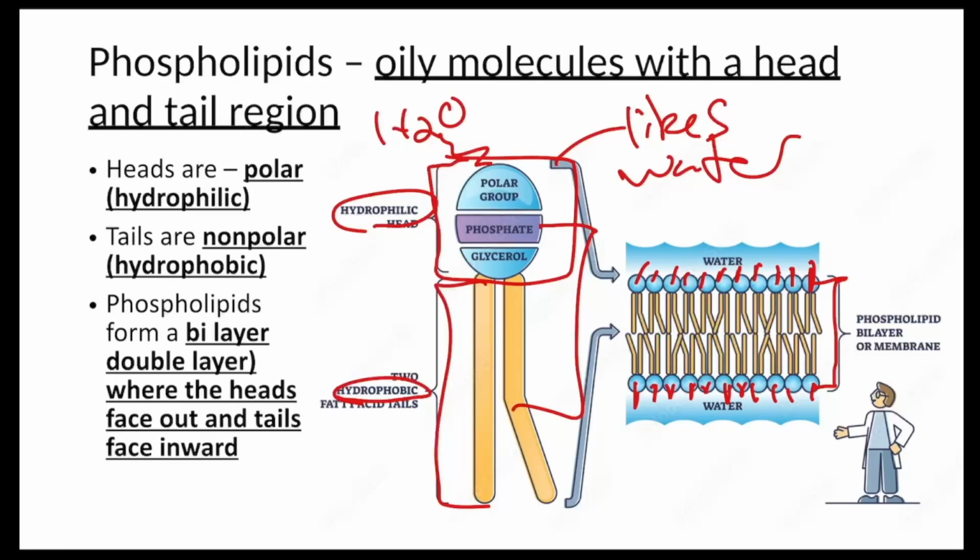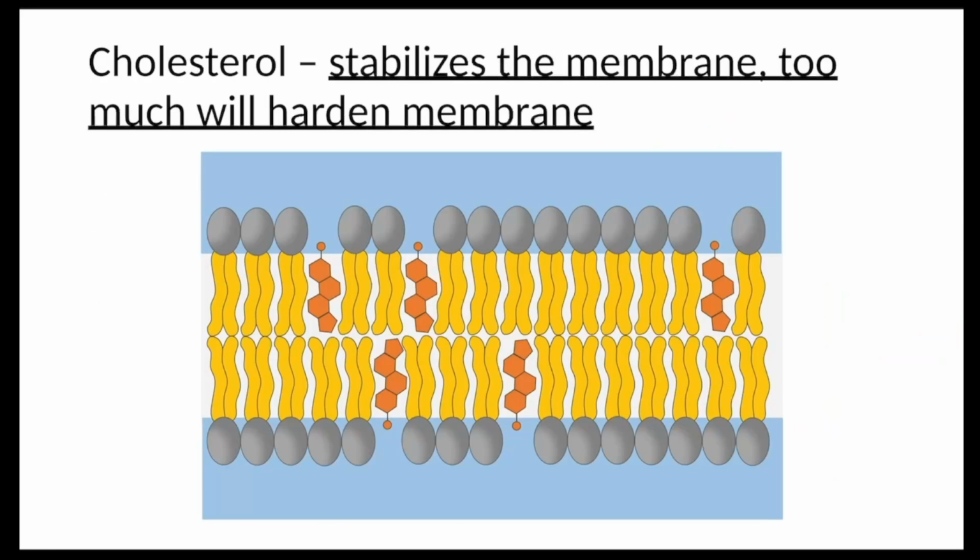So you get all these tails that are hydrophobic with all these heads that are hydrophilic, forming what's called the phospholipid bilayer. It's called that because it's made of phospholipids, bilayer because it's two layers of phospholipids. And there's another image of what it might look like.